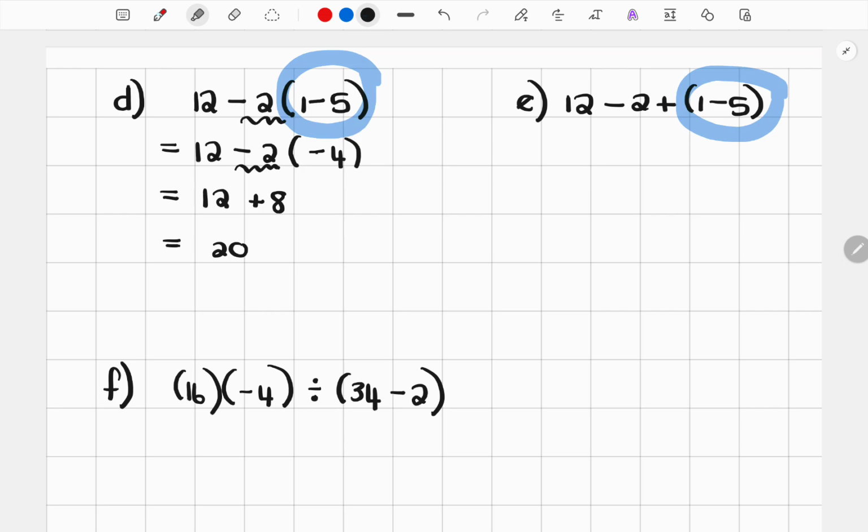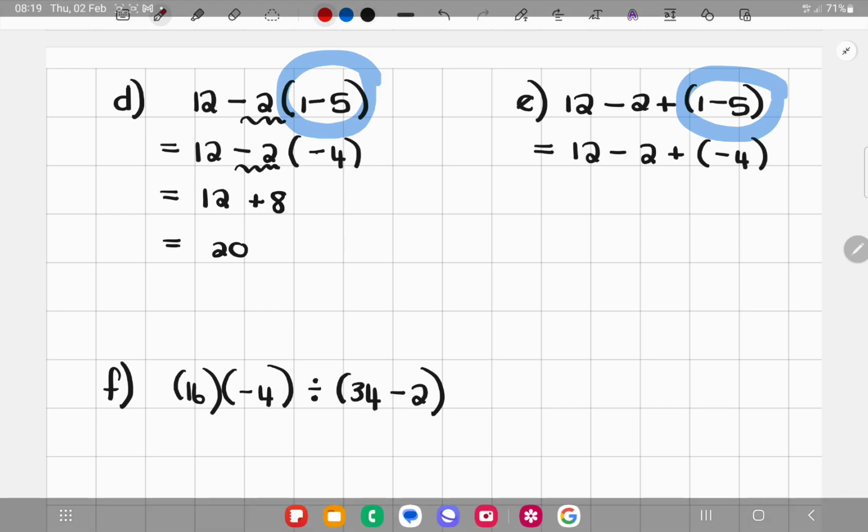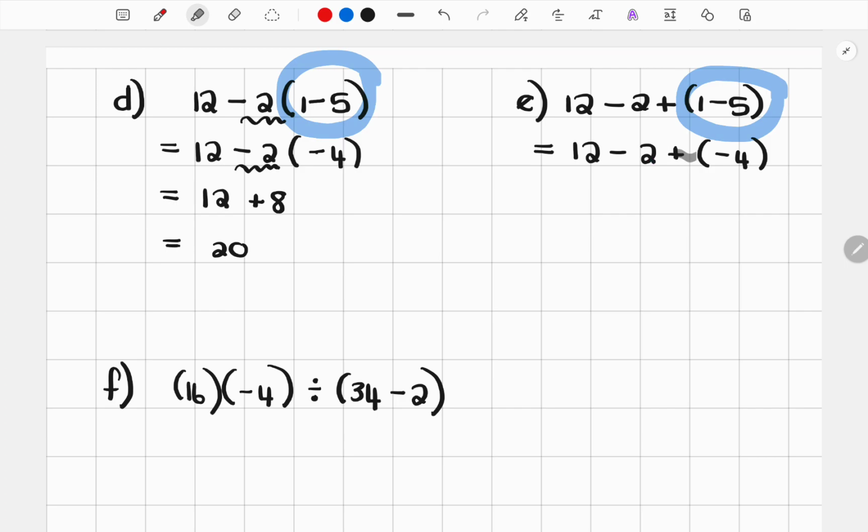Simplify over there. And then we rewrite everything: 12 minus 2 plus 1 minus 5 is negative 4. And can you see now in front of that bracket is only a positive. There's no number like there was here.